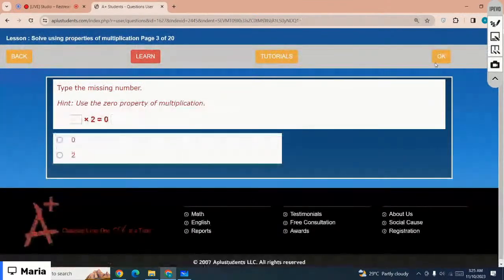Okay, the next one is type the missing number. Use the zero property of multiplication. So which number is missing?